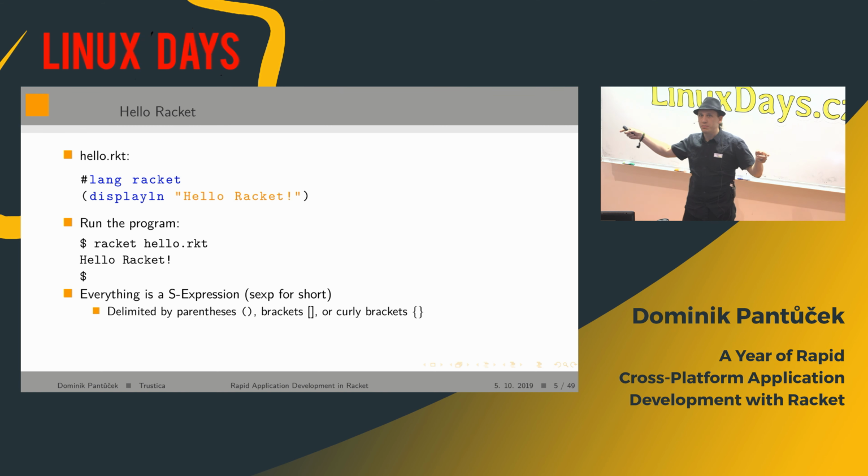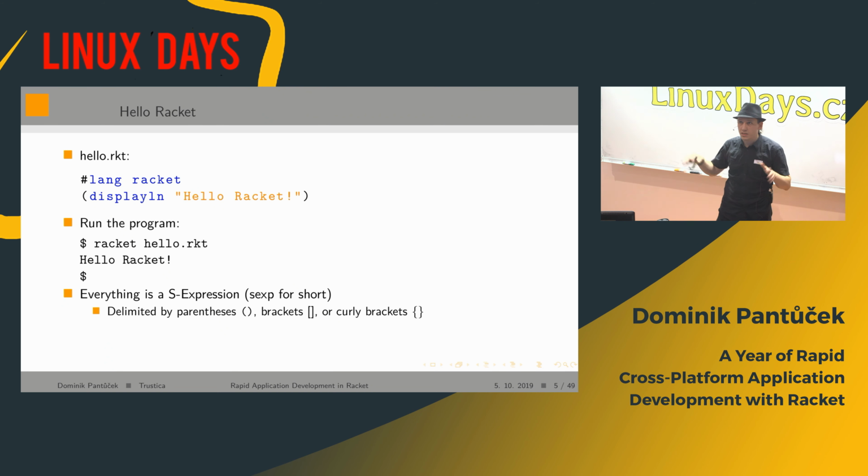You just need to pair them. So you can use different brackets if you want to make the code look different in some parts, for example, if you want to state the default values of some arguments, you can put them in brackets. Personally, I prefer to use parentheses, that means round brackets, everywhere, because I'm lazy.